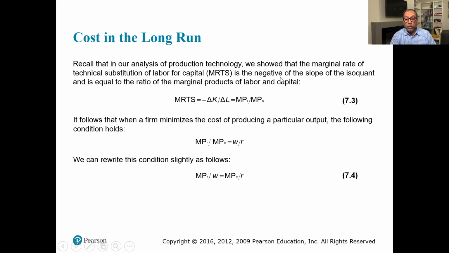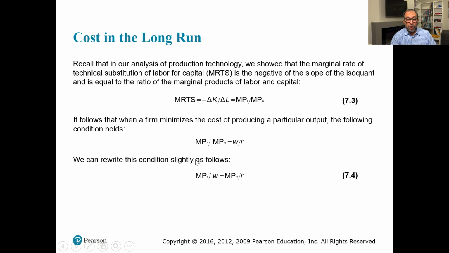We showed that the MRTS of labor for capital is the negative of the slope of the isoquant and is equal to the ratio of the marginal products of labor and capital. So the slope is minus delta K over delta L, or we can write it as MPL over MPK.